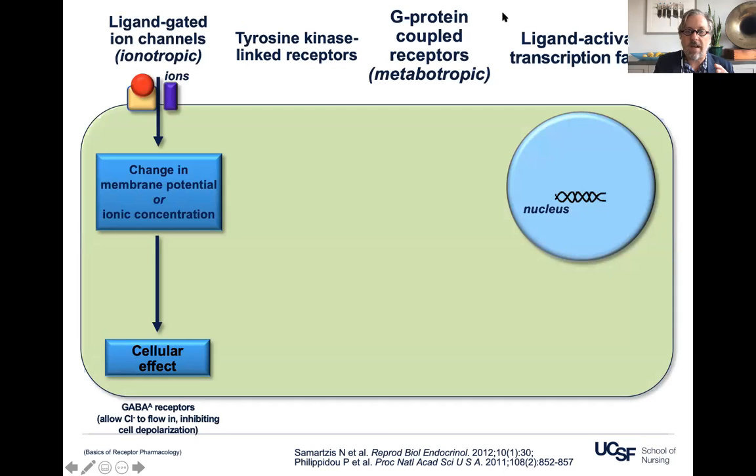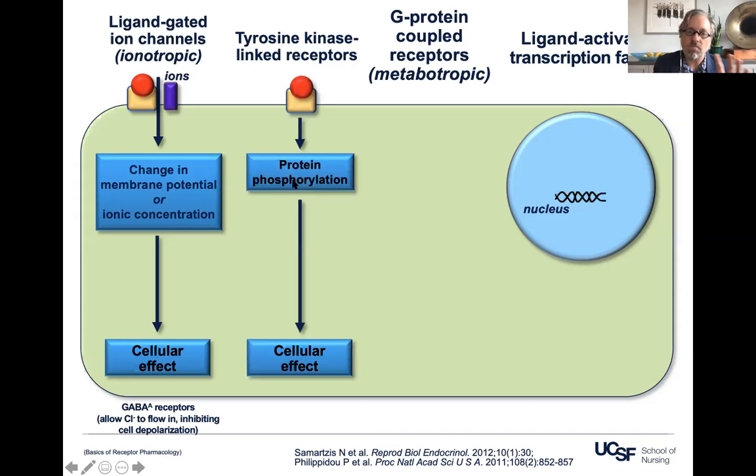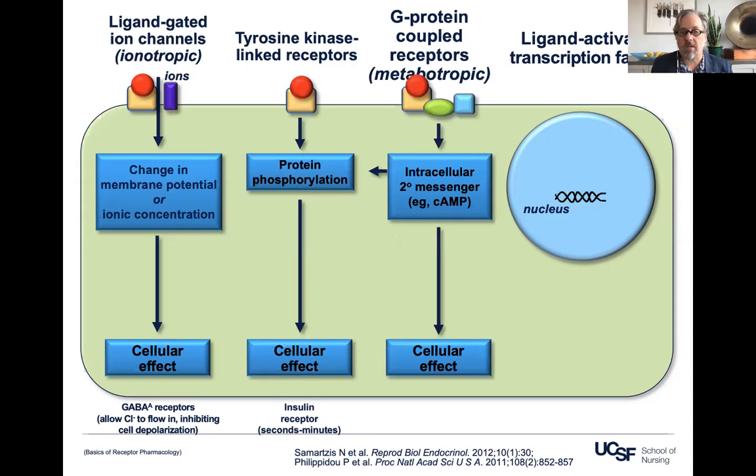You can also have these other linked receptors, such as, I'm not going to get too much into the tyrosine kinase linked receptors because they are not as important in psychiatry, but G-coupled protein receptors, which are also called metabotropic receptors, are very important because what this is doing is essentially it's setting off a chain of events, and I'll describe that in more detail in a moment, which has a later downstream cellular effect.